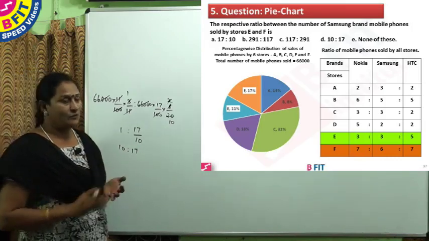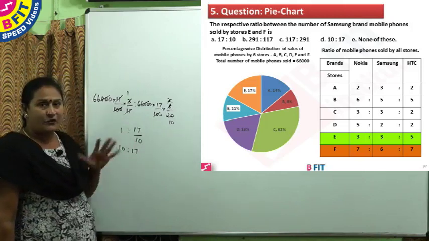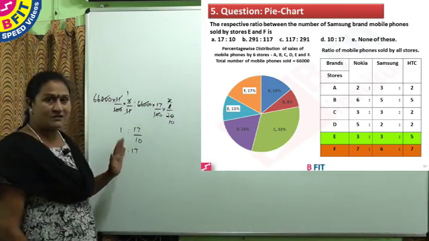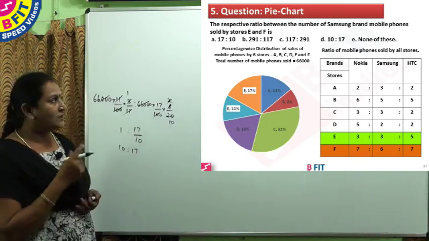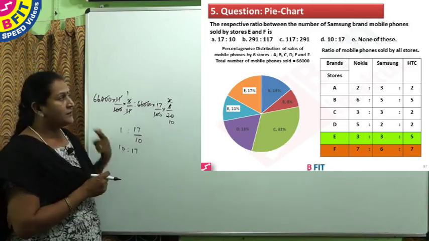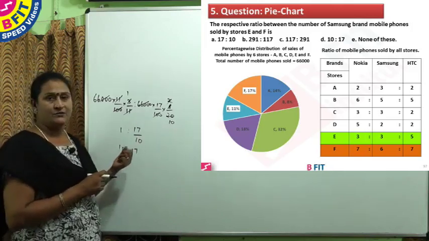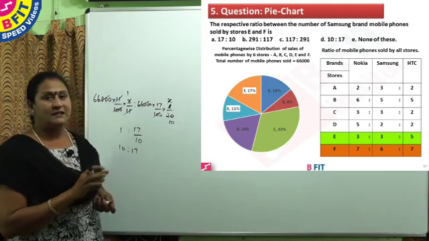So while writing, you have to write details for E first and then F. If you interchange, you will get the ratio as 17 is to 10, where you will go for option A. So write the parts carefully, write the values correctly in the concerned part, and the ratio is 10 is to 17, option D. Now we'll see the next pattern.